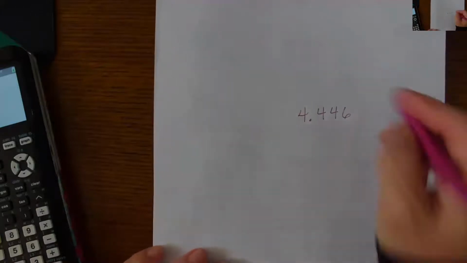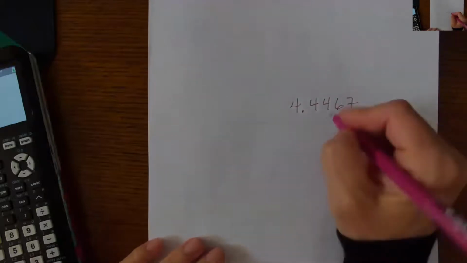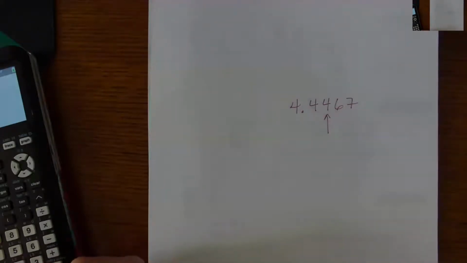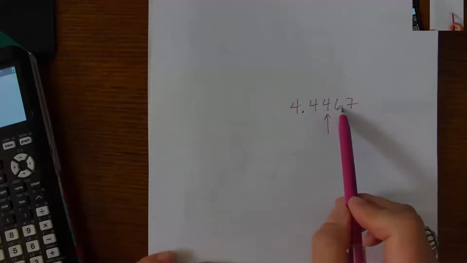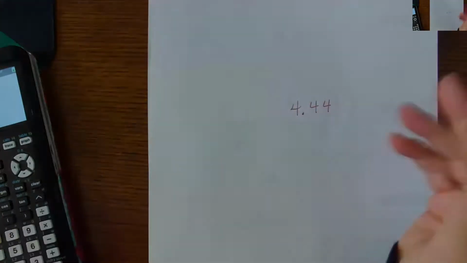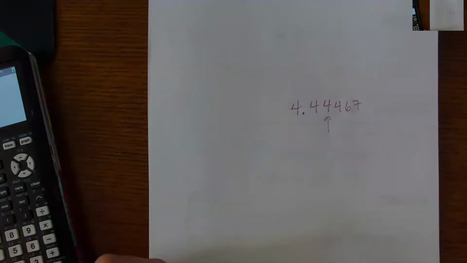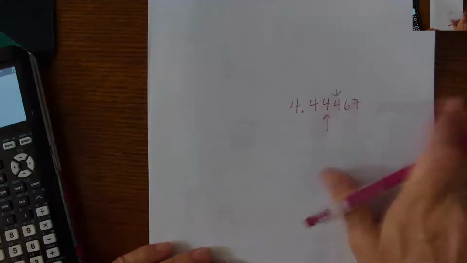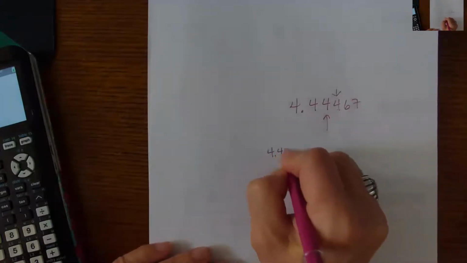When Delta Math asks you to round to 2 decimals, I've got people saying, well, 6 would change. If you're rounding to this, what number do you look at? You look at that one. Nothing past that, right? So that would be 4.44.